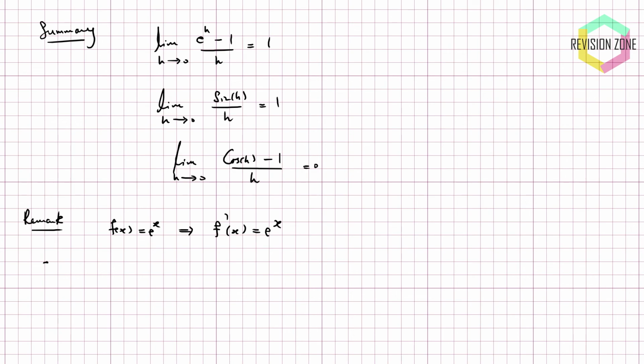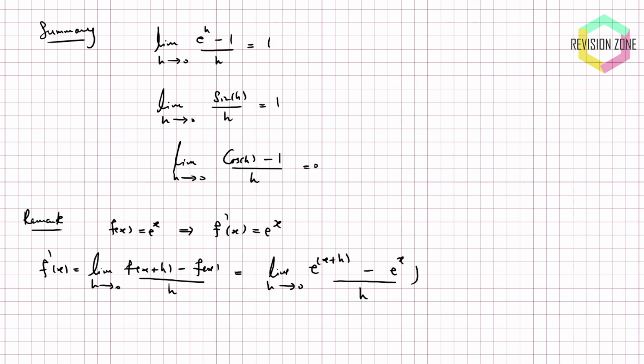So if I go back to my definition of a derivative, the limit definition that is, f of x plus h minus f of x, and the whole thing over h, well, because my f of x is e to the x, I'm going to have e to the x plus h for f of x plus h, and take away e to the x.